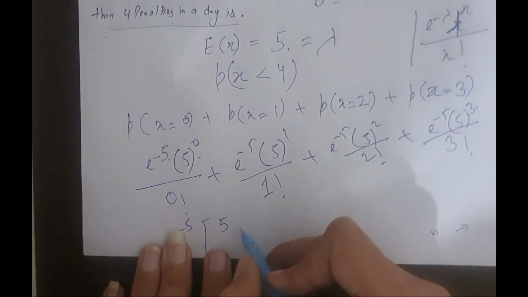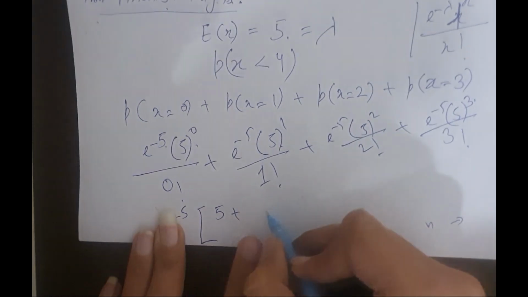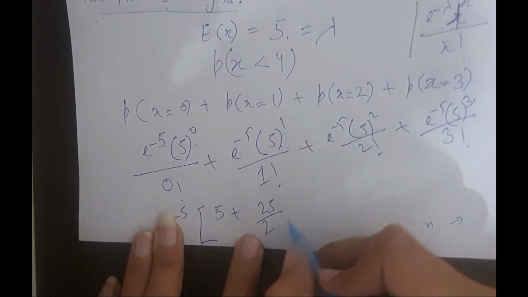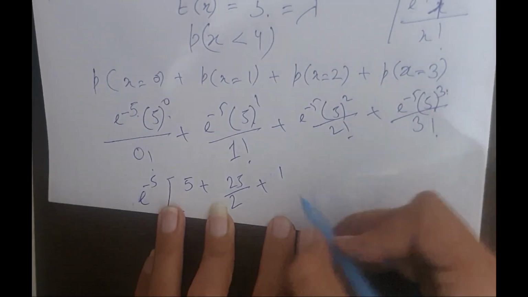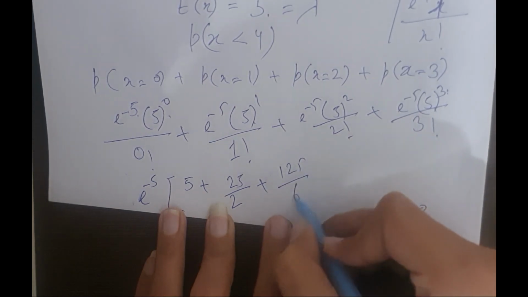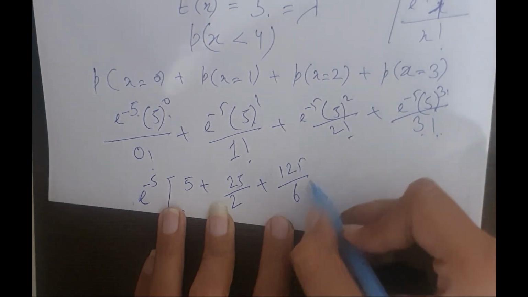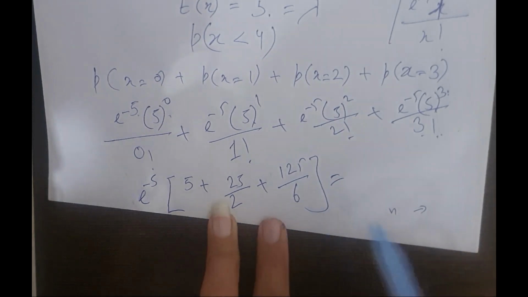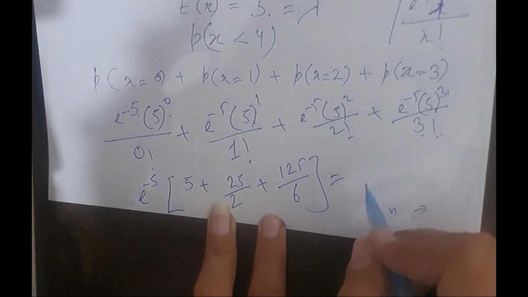This is 5, this is 5, plus 25 upon 2, plus 5 cube which will be 125 upon 3 into 2 into 1, that is 6. Now solve it and the answer will come out to be this.